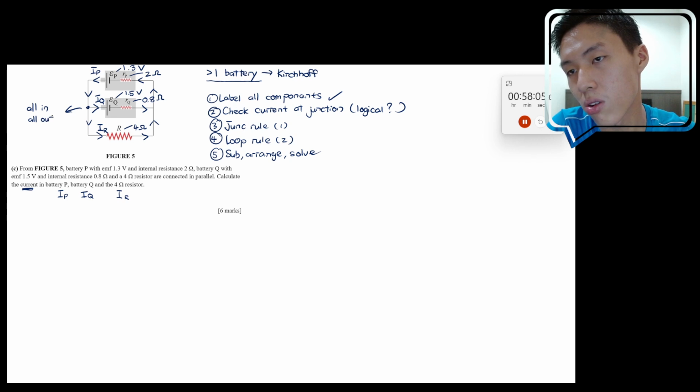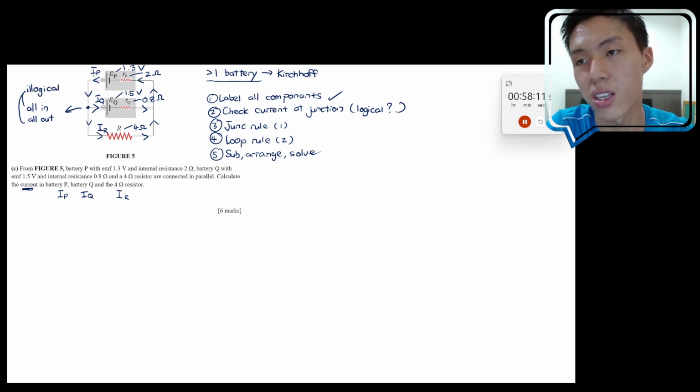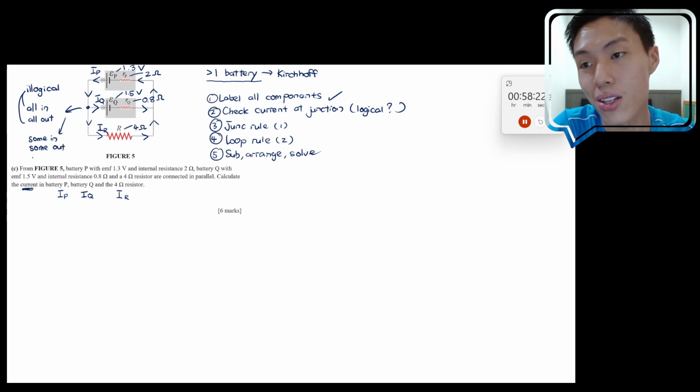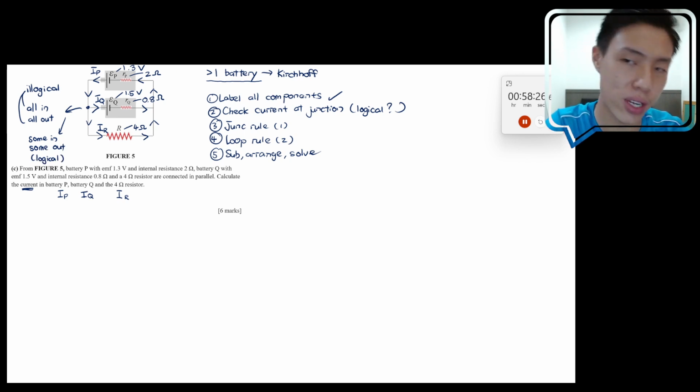If it's all in or all out, then these are illogical. Then that means that you cannot proceed. You have to have some in, some out. Then that will be logical. It means that there's some current flowing into the junction, there's some current flowing out of the junction.